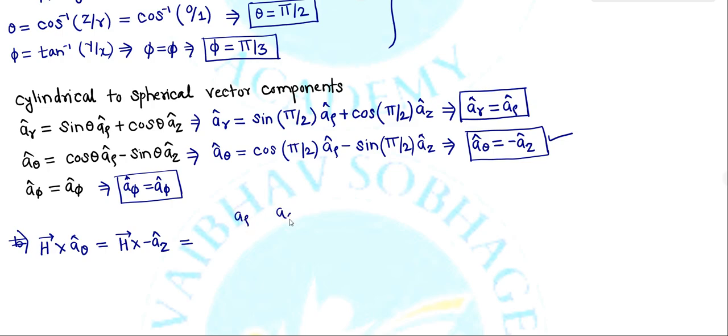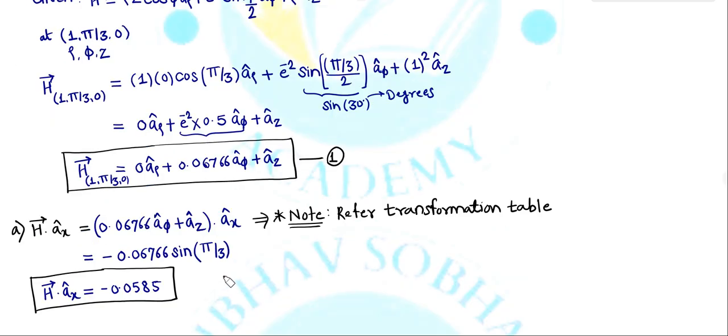Now we are going to write that one. So that rho, phi and z, we have that rho, phi and z. Then your vector h. We have found the value for that vector h over here. So what is that value we have? Component along rho direction is 0, component along phi direction is 0.06766, and component along z is again 1.